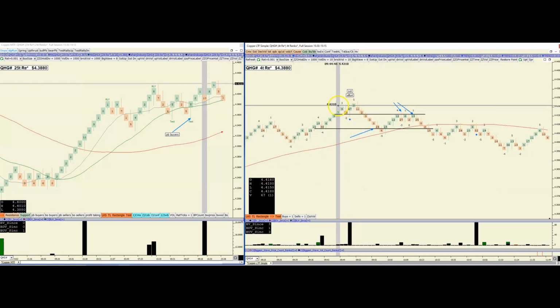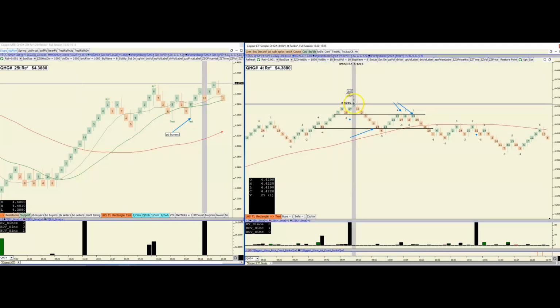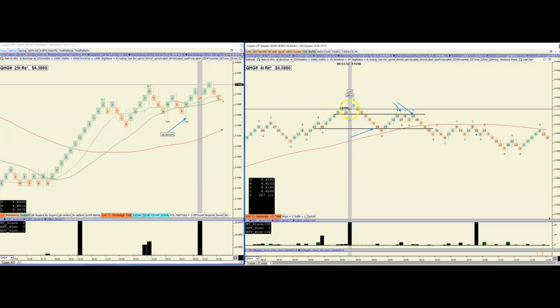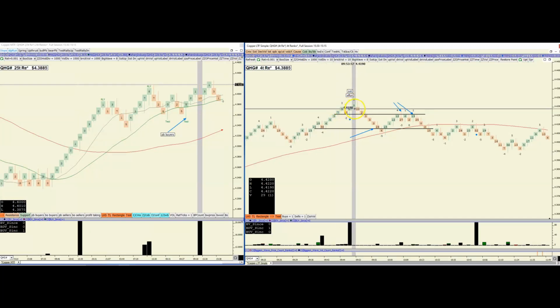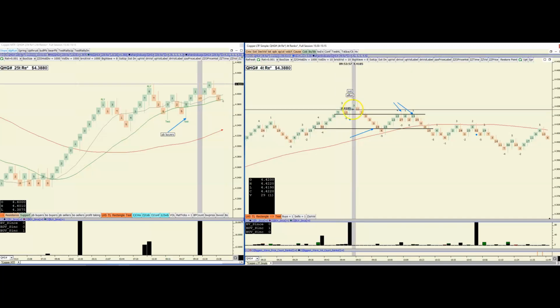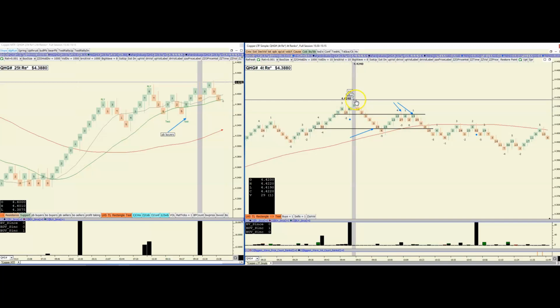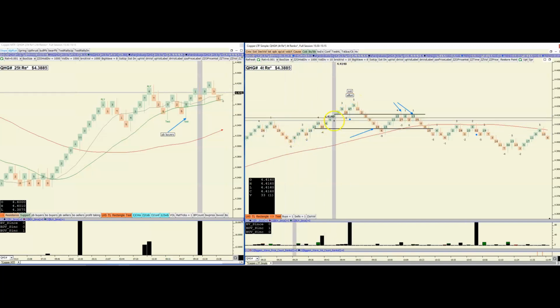And what do you get for it? You get 1 brick and a total distance of one brick from high to high, right? From this high to that high only makes progress of 1 brick and the distance of only 2 bricks. But it has more volume than the past couple of waves.